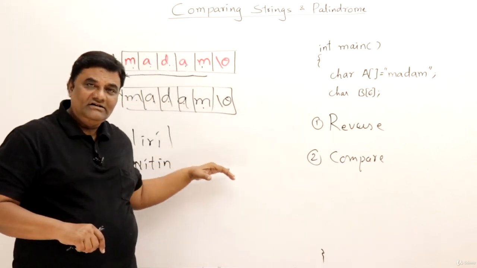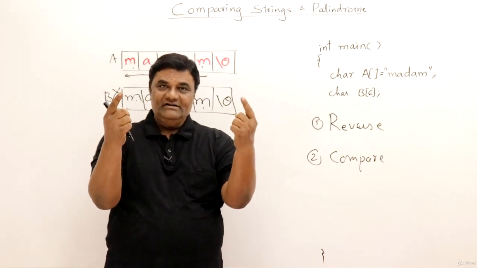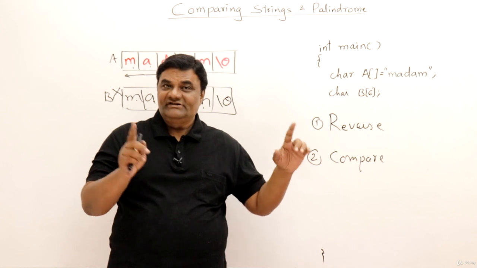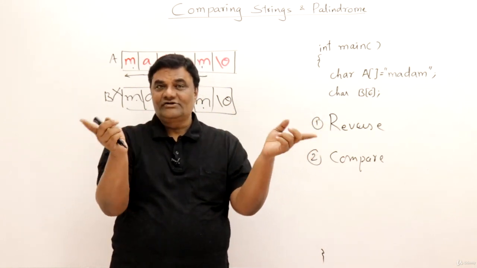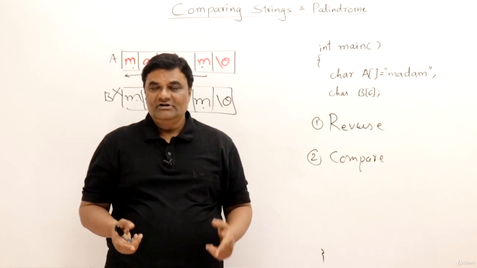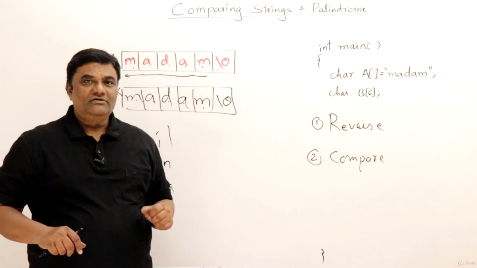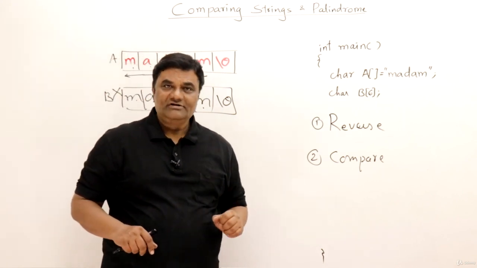So without taking another array, you can compare the same string from the last. It is just like reversing, which we have done. Instead of swapping, you have to check whether the alphabets are the same or not. So with the second method, without any extra array, you can find out whether it's a palindrome or not.